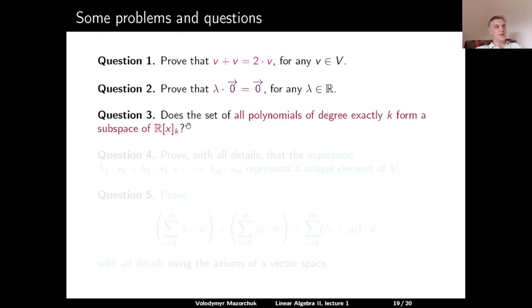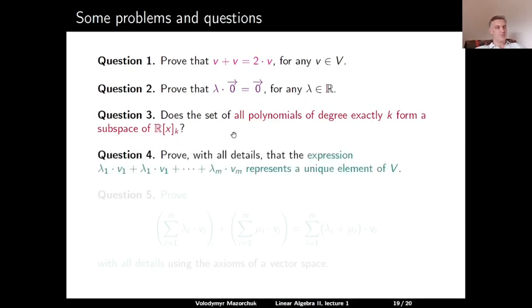Question 3. Does the set of all polynomials of degree exactly k form a subspace of R[x] sub k? Question 4. Prove with all details that the expression lambda 1 times v1 plus lambda 2 times v2 plus and so on plus lambda m times vm represents a unique element of V.